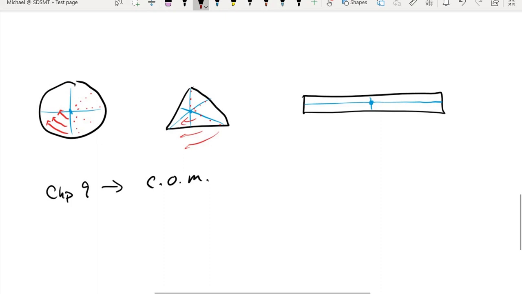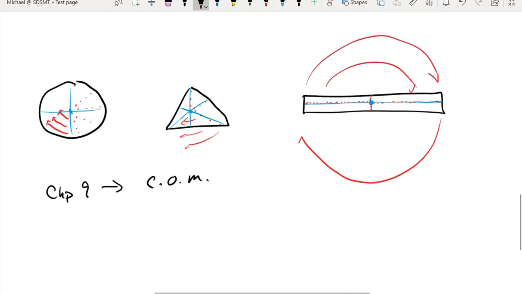And then for this large rectangle here, you've got a few layers of mass that go up and down, but then there's a lot of particles that extend outwards at a pretty far distance, which means that they have to travel through a much greater displacement than any of the particles inside of that wheel, or even that triangle.